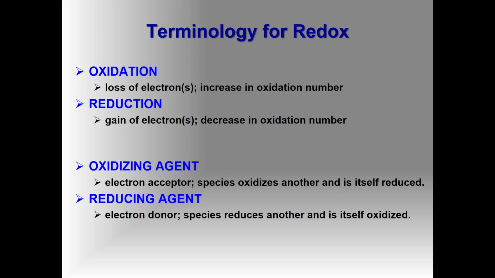And that's what's always made it confusing to me. An oxidizing agent is an electron acceptor. The species oxidizes another and it is itself reduced. A reducing agent is an electron donor. The species reduces another and is itself oxidized.